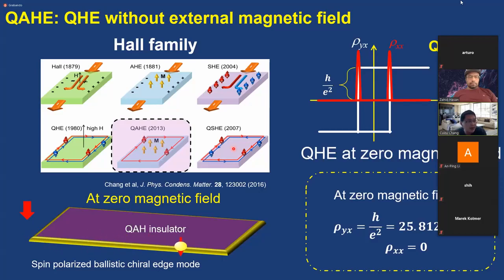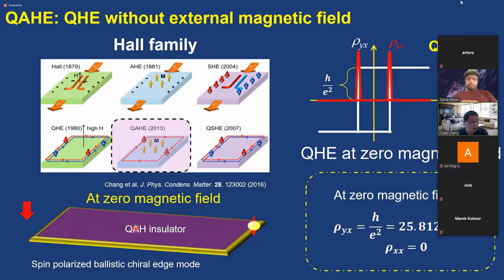And today in my talk, I will focus on the quantum anomalous Hall effect in magnetically doped topological insulators. We notice that in the quantum anomalous Hall effect, at zero magnetic field, the Hall resistance is quantized and at the same time the longitudinal resistance becomes 0. If the longitudinal resistance is finite, the Hall resistance must be less than h over e squared.